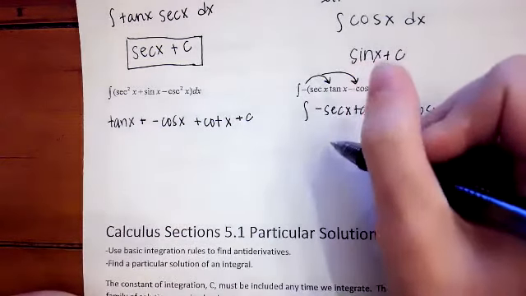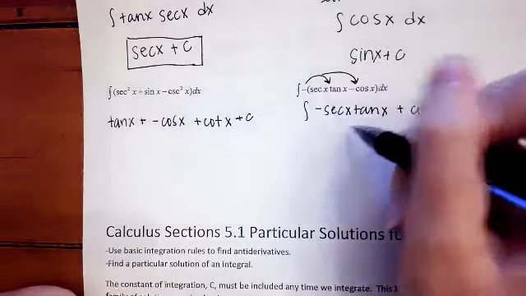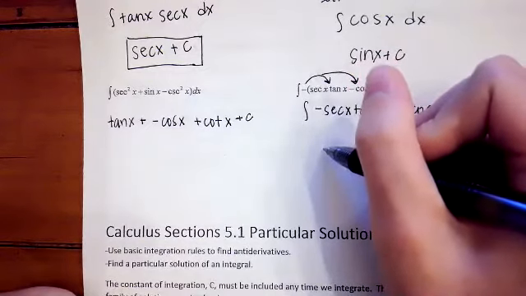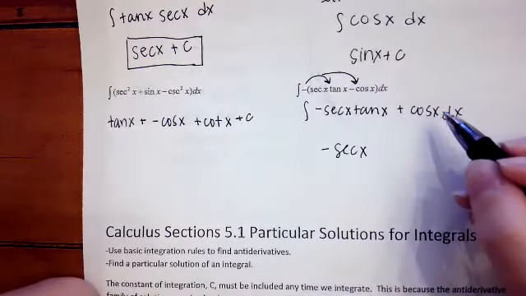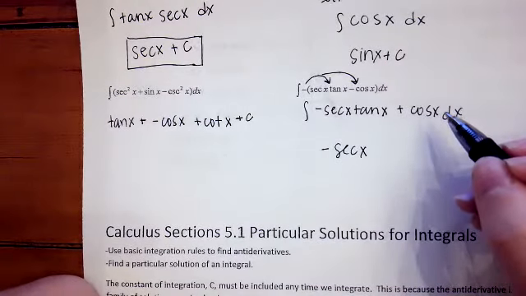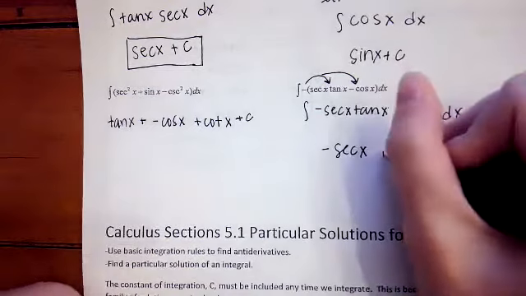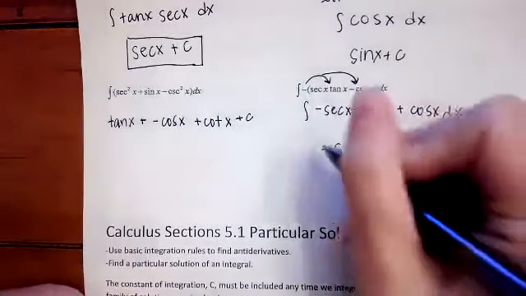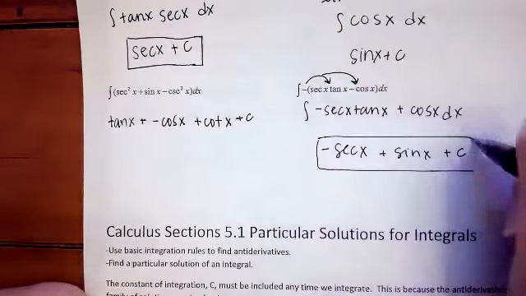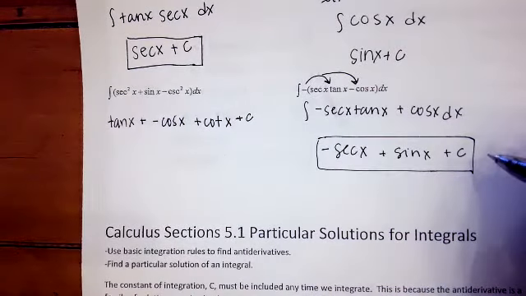So if I have a negative secant tangent, I will have a negative secant. And then the integral of cosine is sine. And then, of course, our plus c.